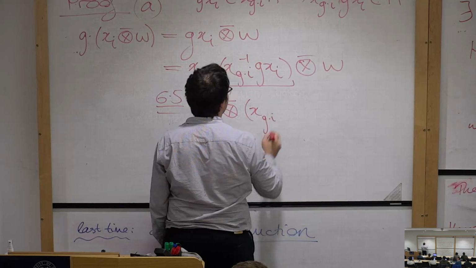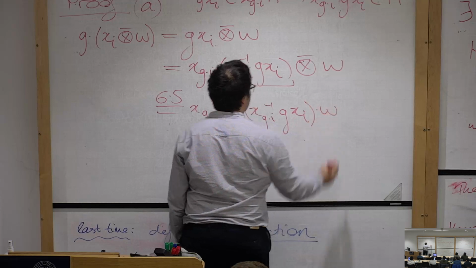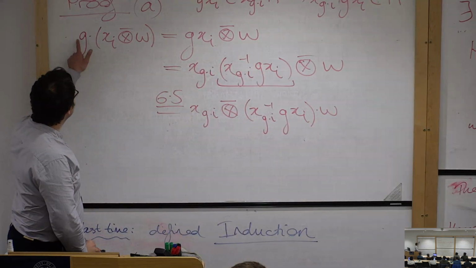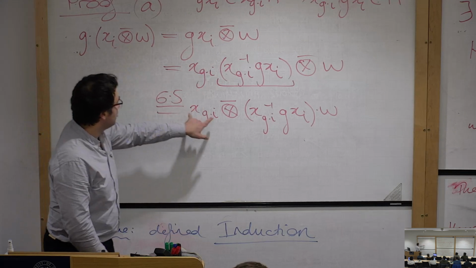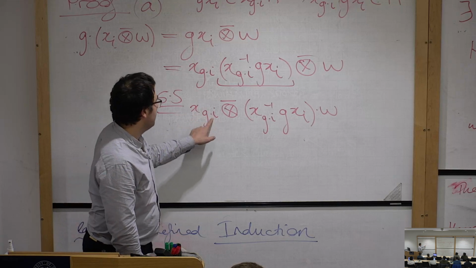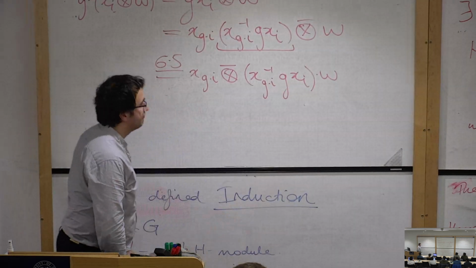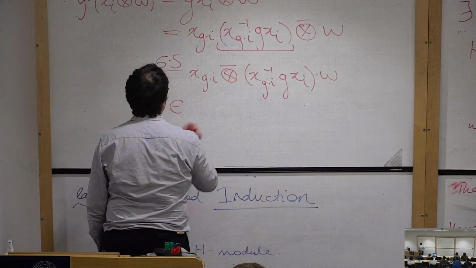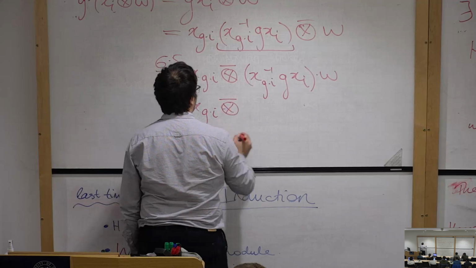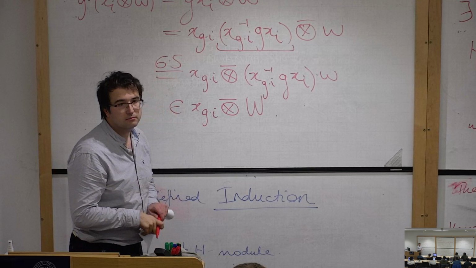But at least it's in H. That's good news, because then this makes sense. Yeah, so what's happened? g moved this elementary thing to another elementary thing where the index has changed in a predictable way, and you can even compute what this is if you want. Any questions?